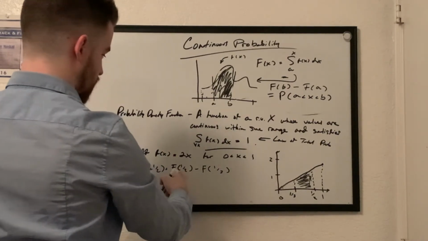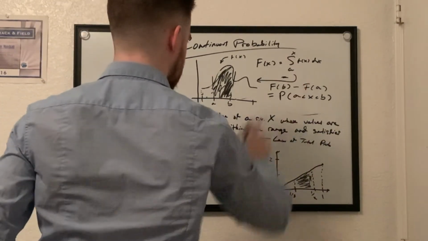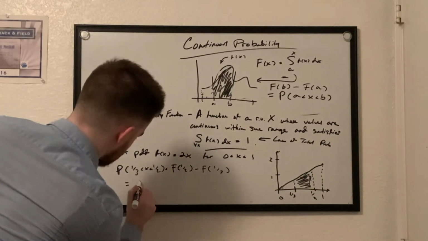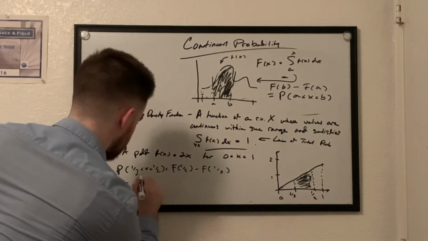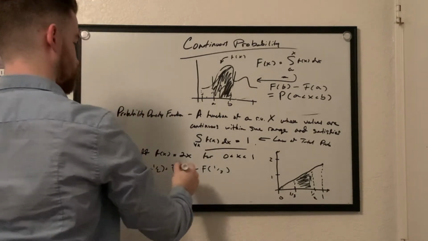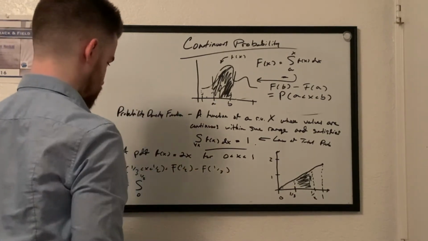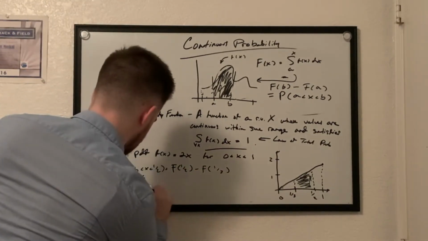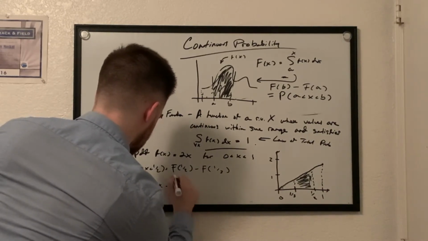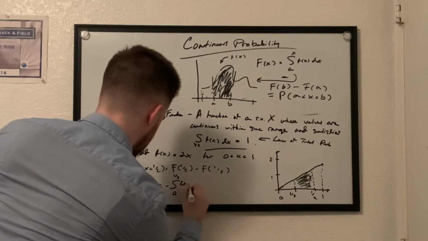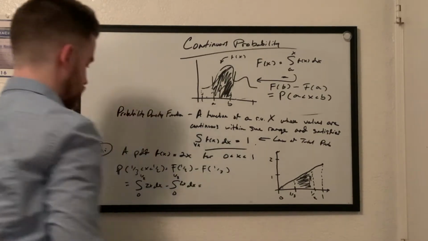Well, f at 1/2 is equal to the integral from 0 to 1/2 of 2x dx, minus the integral from 0 to 1/3 of 2x dx.